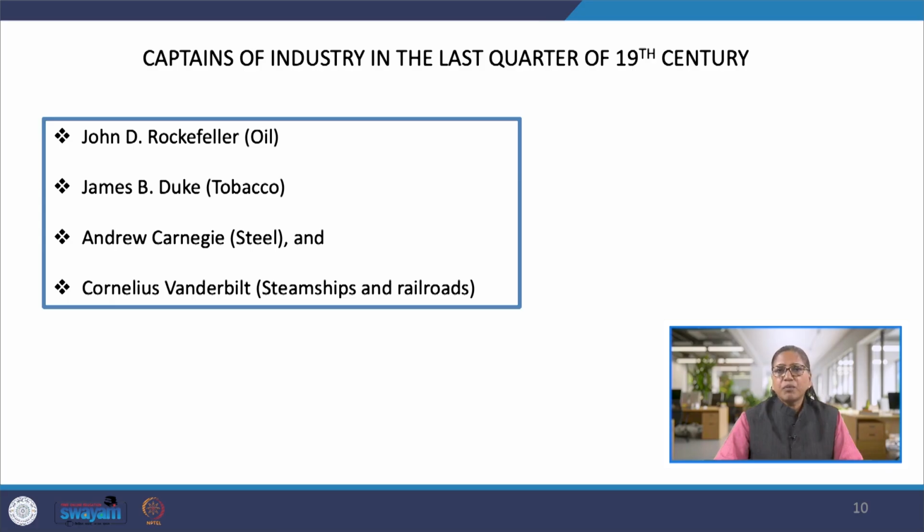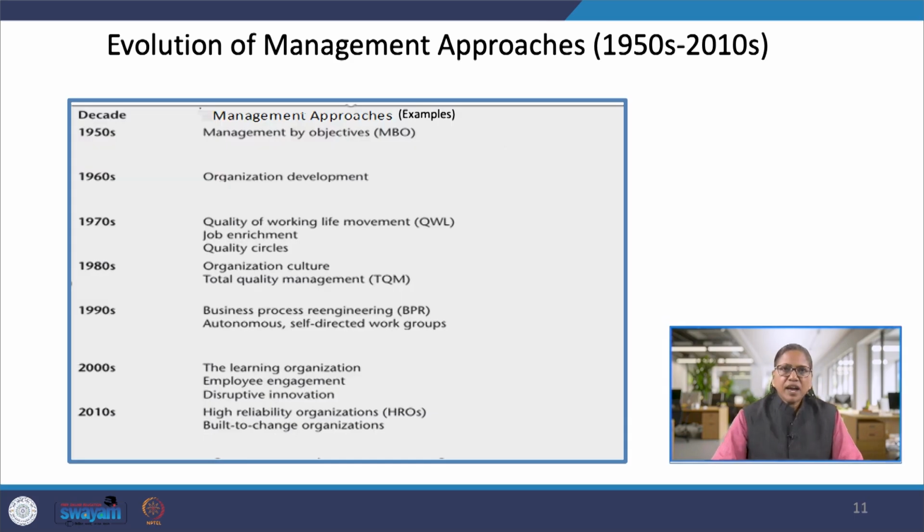The focus of the management researchers was mostly on profit orientation and self-interest. With this backdrop, we will now focus on the evolution of management approaches from 1950s to 2010, how the management concept has evolved over a period of time.